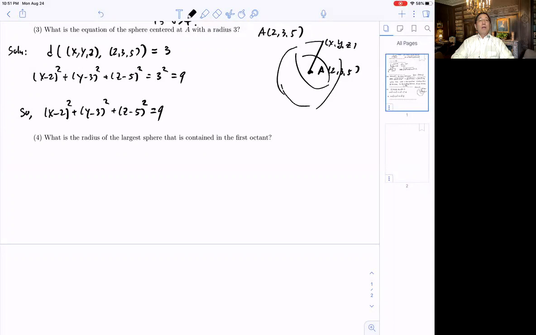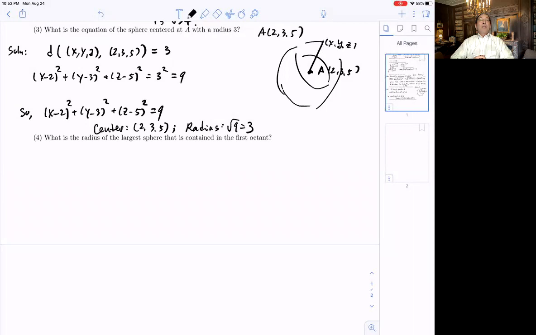That is fine, but on the other hand, this formula is perfect for the equation because you can clearly see where the center is, right? The center is 2, 3, and 5. You can also see what is the radius of this sphere. Radius is going to be root 9, which is equal to 3.